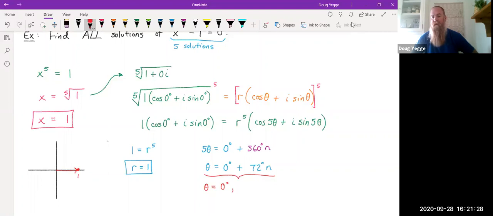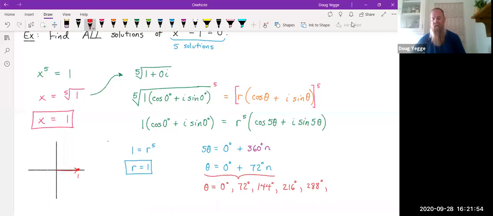Another solution will be when n is equal to 1, so 0 plus 72, which is 72 degrees. Or when n is equal to 2, plus 0 degrees gives me 144 degrees. Plus my next one, if I add 72 degrees again, that gives me 216 degrees. If I add 72 again, that gives me 288 degrees.